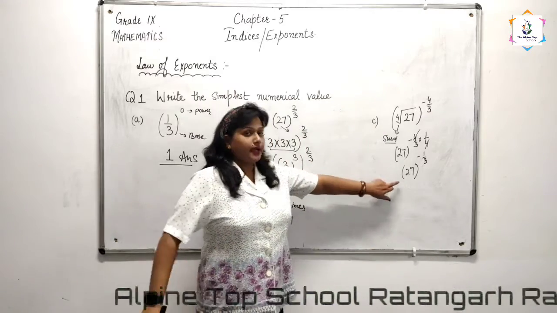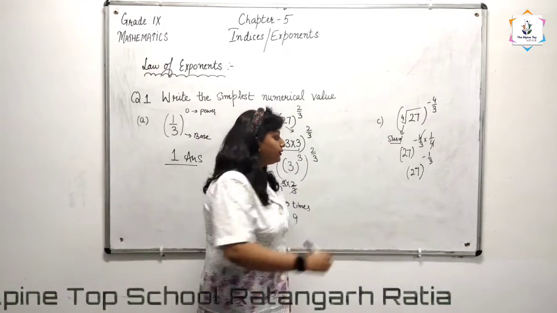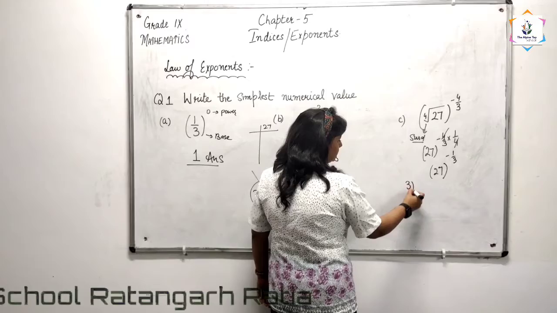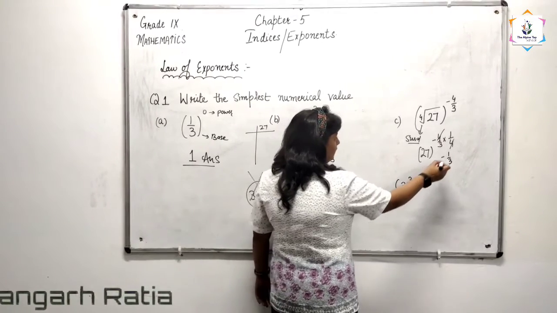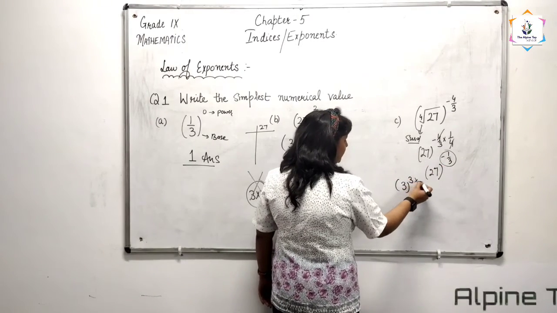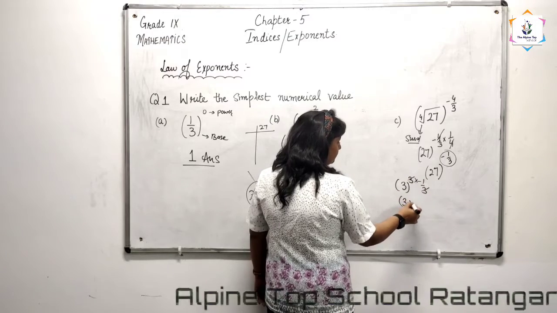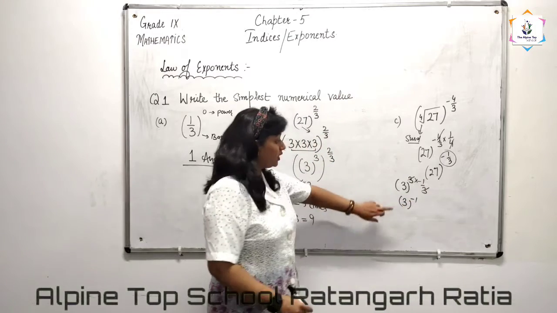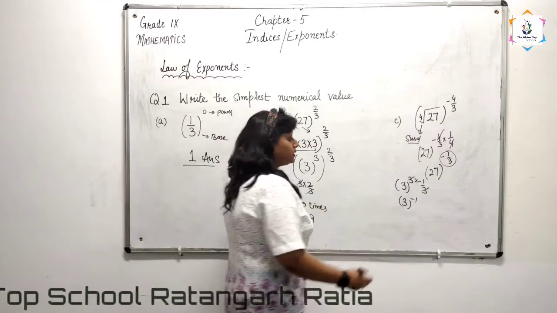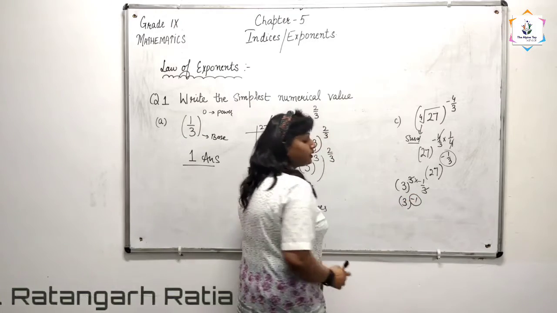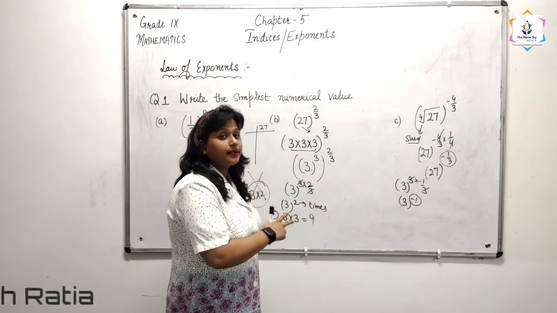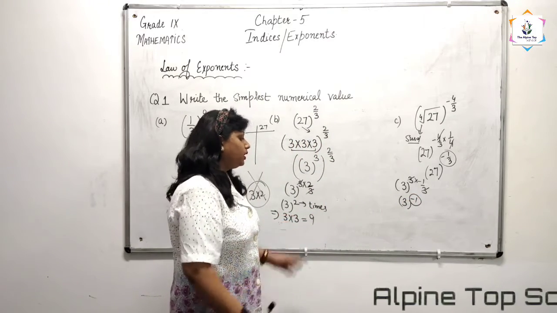Now again you have to make the factors of this number. So I will write 3 raised to power 3, and the power given to you is multiplied by 1 by 3. So cut it, what will you get? Minus 1. Look here, now your power is coming negative. We have already discussed this rule also.